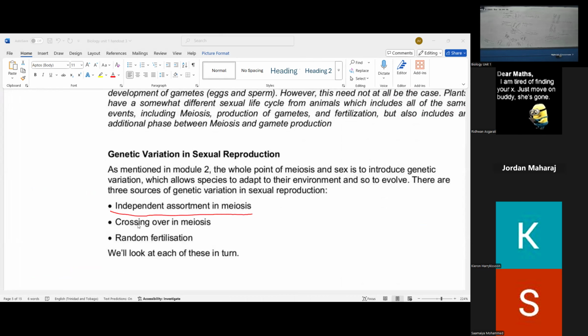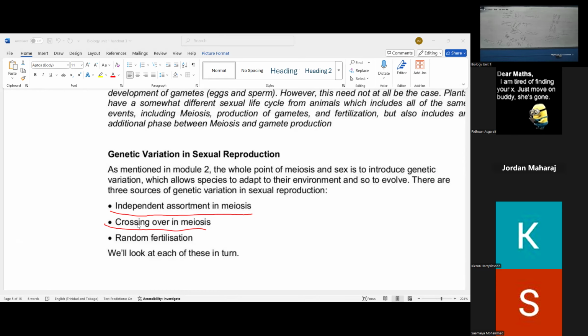So what is independent assortment? Because they are two separate points, I wouldn't say it's crossing over. We know that during the process of fertilization, half of your genes come from one parent, and half of the other genes come from the other parent.